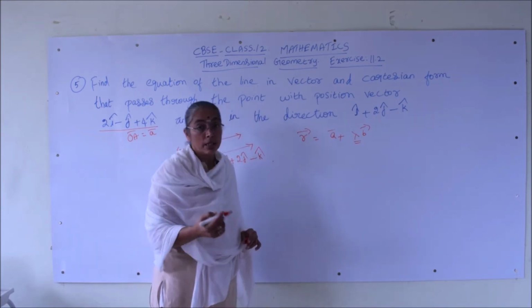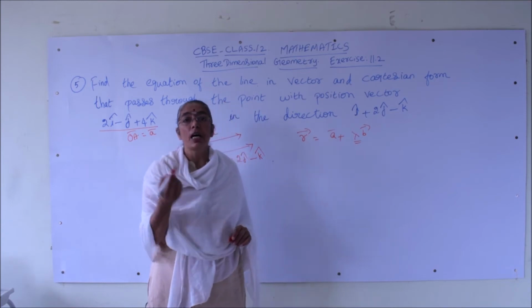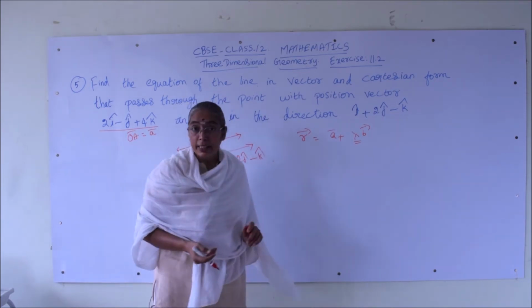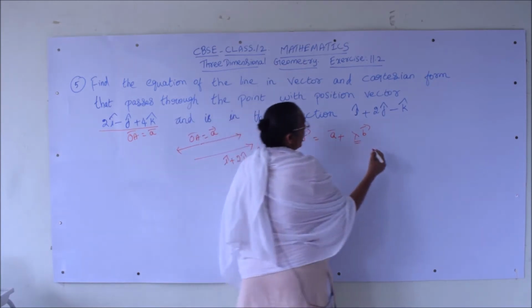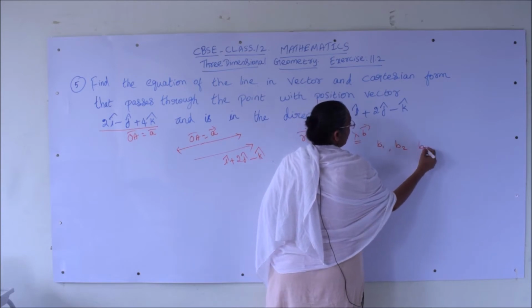And what is its Cartesian form? In the Cartesian form the points are x1, y1, z1 and the B vector DRs we can take as b1, b2, b3.